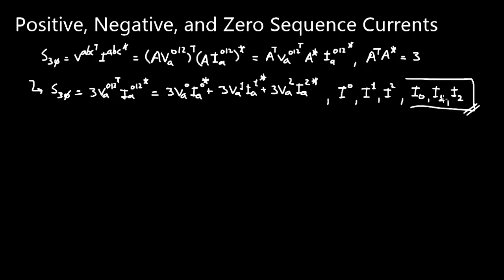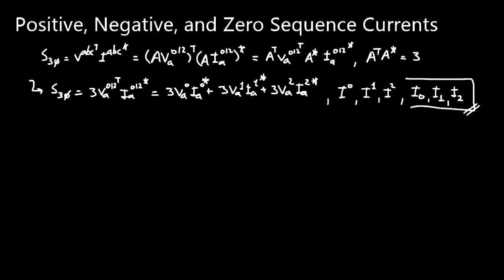You would just see 0, 1, and 2, and again, you're just assuming that you're talking about the A phase sequence component. So I just want to point that out, because if you look at industry papers, you would probably just see I0, I1, and I2, and you might be wondering, well, where's the A, where's the B, where's the C? And really what that means is they're just talking about the A phase. That's assumed, and you just say the sequence components.